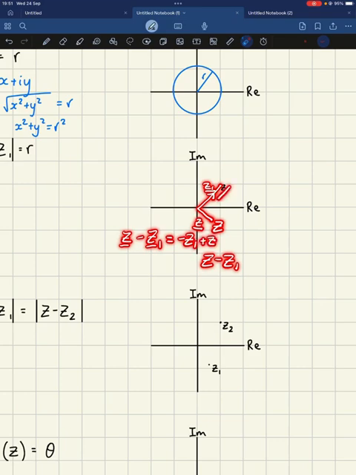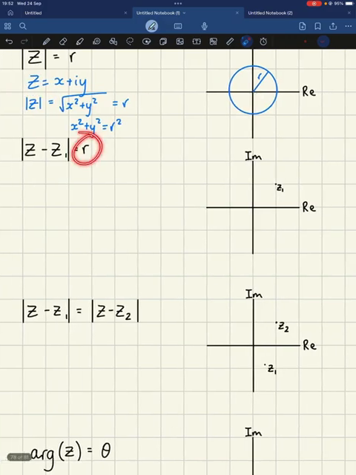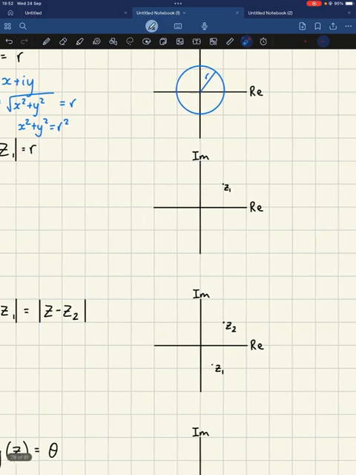So it's going this way, then here. So the vector goes here. So, if z was over here, it's basically just the distance there. So z minus z1 is the distance to where z is, and this distance is r. Again, it's a fixed distance.